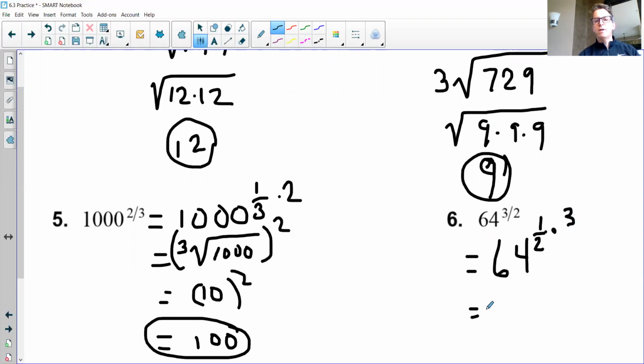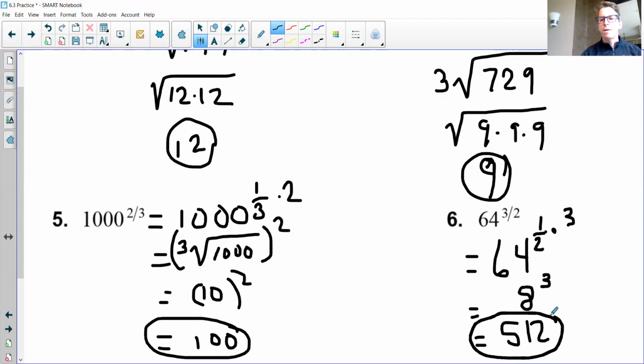So basically you're looking for the number multiplied by itself to get 64, that would be 8. And that would be 8 then to the third power, which is 512. 512 would be your answer for number 6. Remember, the 64 to the half is the square root of 64, which was 8.